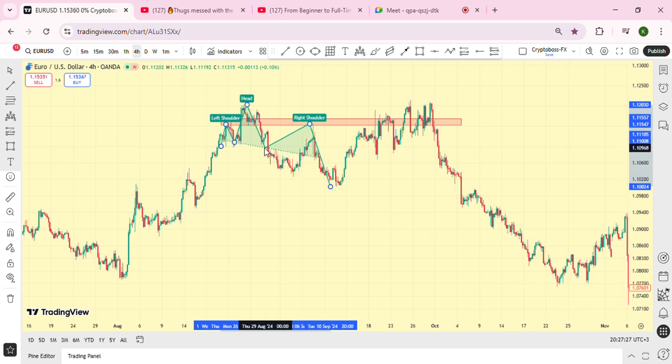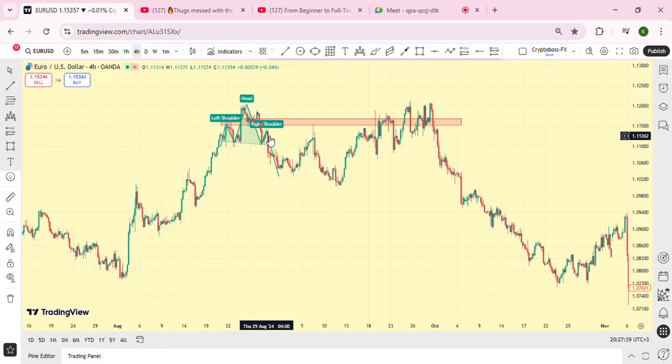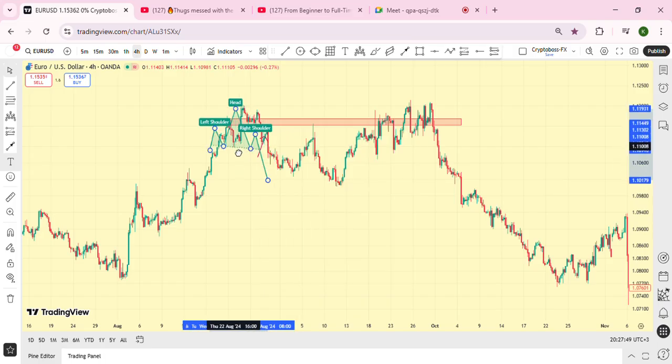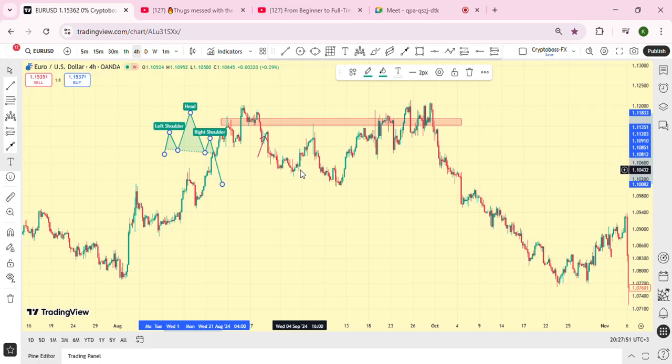Or at first, you see these 5 candlesticks here, the ones that are floating here. Let me point them. You could have used those ones as your right shoulder and then taken a sell.